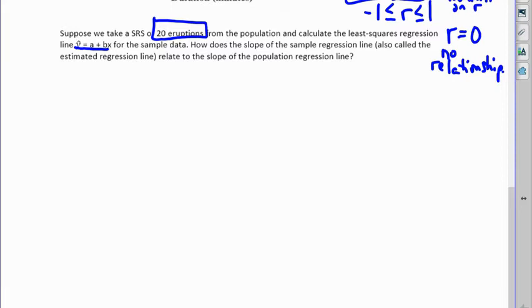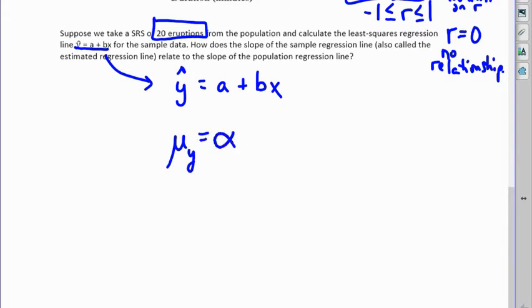So our sample equation was y equals a plus bx, with a being the y-intercept and b being the slope. We can actually write this with population symbols. And I know this is going to be a little annoying that we're using alpha and beta, but they like to use Greek letters for the population values. I know that we use alpha for type 1 error, and also for what we're checking when comparing our values to 0.05.